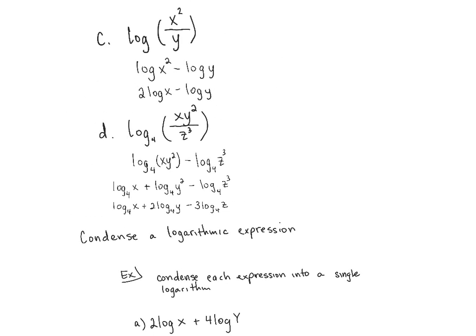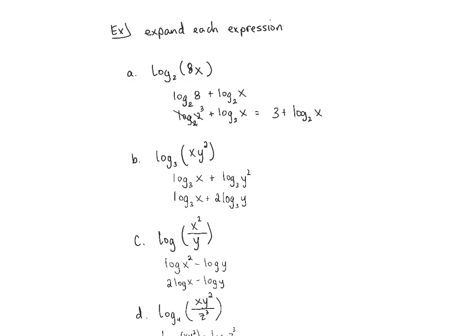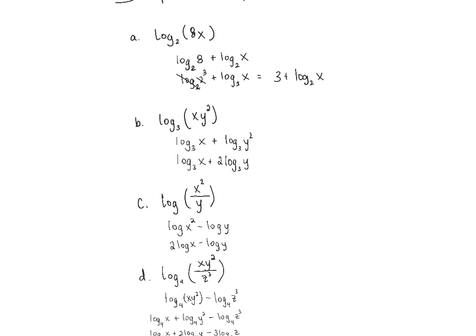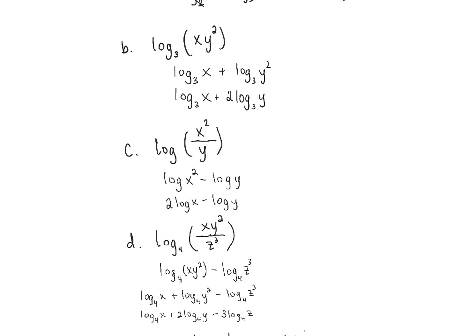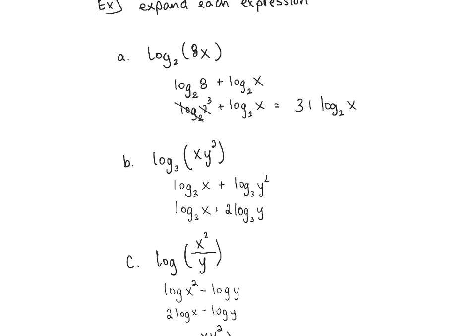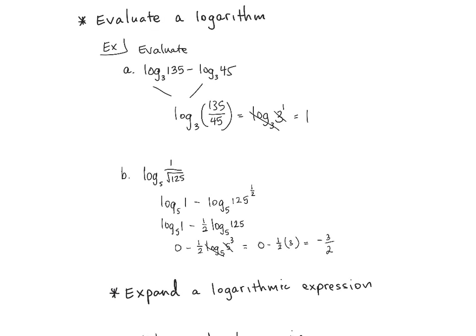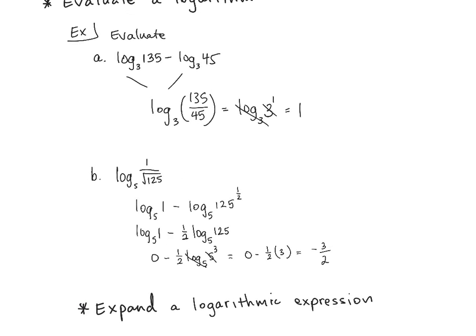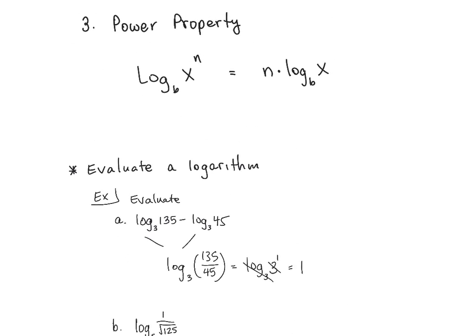Okay, this learning target was expanding logarithmic expressions. This technique is helpful, more helpful if we're doing calculus. So you may not see a lot of this applied in a Math 1050 course, expanding. We also used these properties to evaluate logarithms. And that should do it.